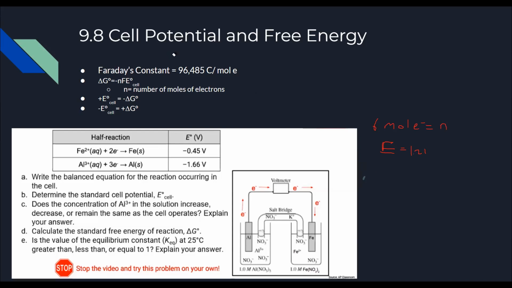So delta G equals negative 6 times 96,485 multiplied by 1.21. And that will be negative 7 times 10 to the 5, without sig figs, joules. And that's our answer for the free energy of this reaction.